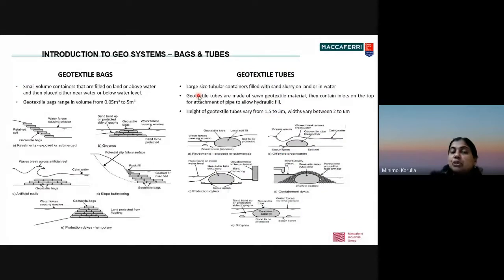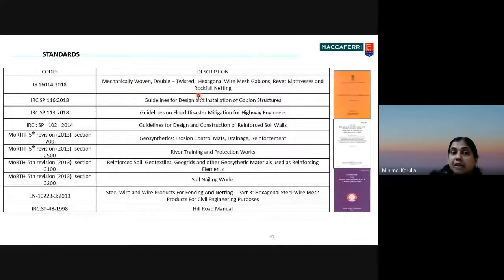So different types of geotextile bags and tubes can be used for shore protection as well as for riverbank protection, as breakwaters, as groins, as longitudinal protection, or even in rivers, check dams and weirs can be made using these materials.